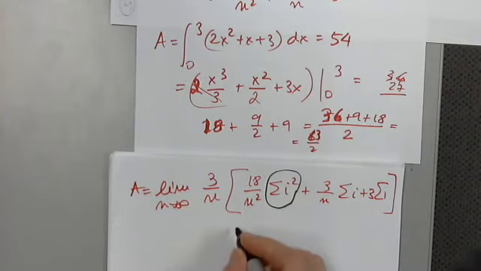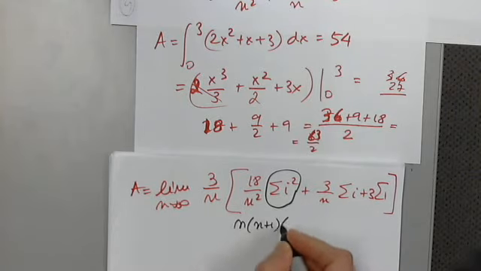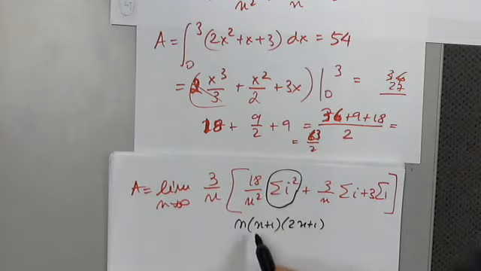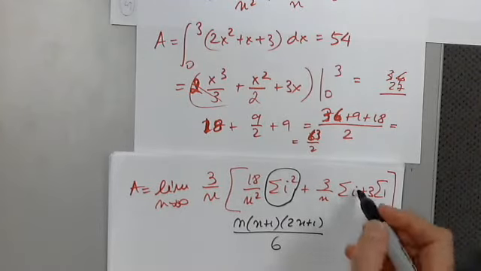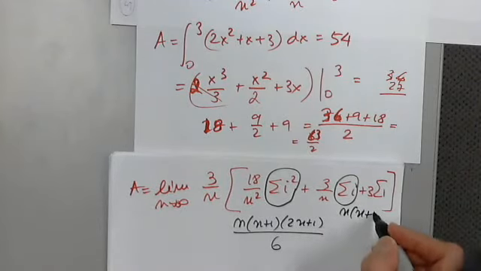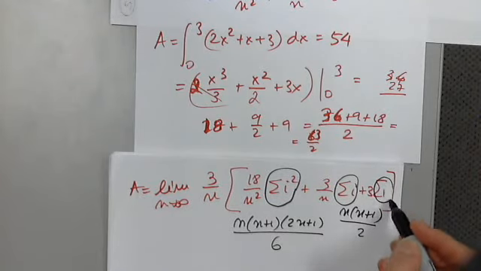This is the most complicated one because it's n plus 1, 2n plus 1 divided by 6. This one is n plus 1 divided by 2, and this one is n.